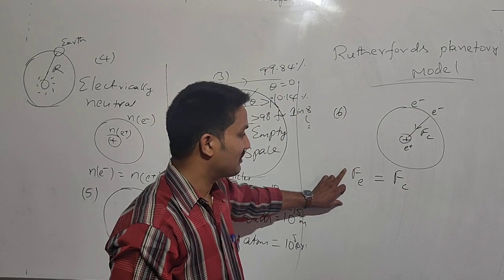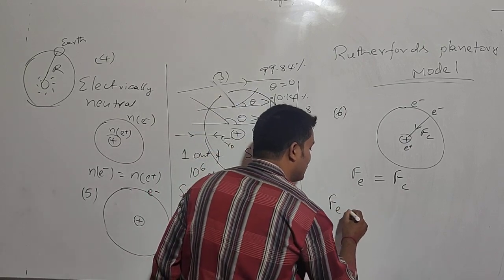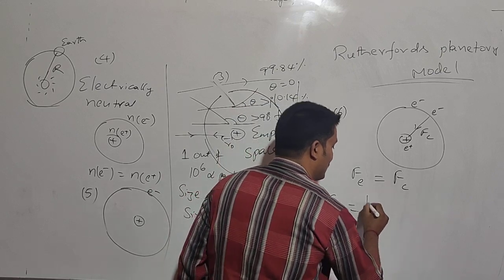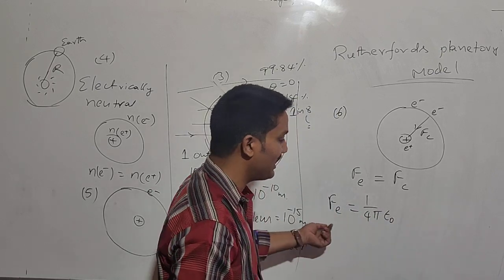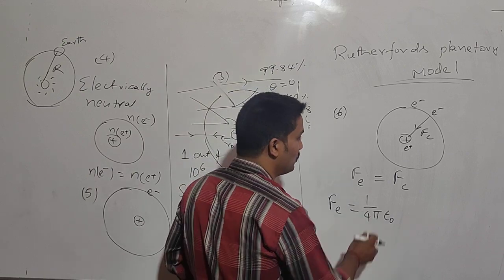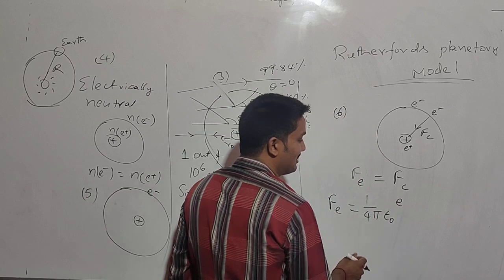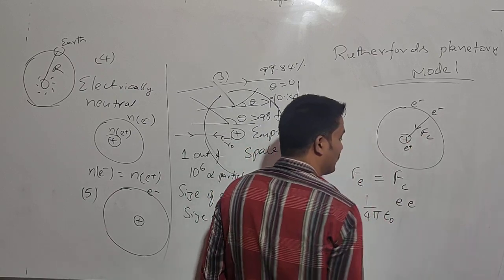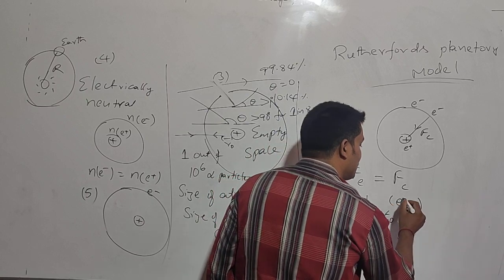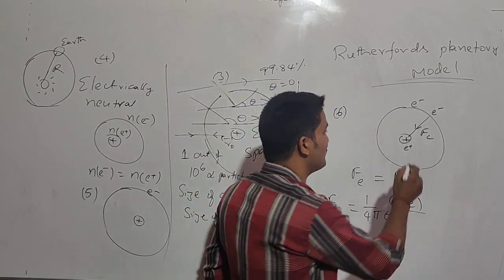Now we know that from Coulomb's law, how have we defined Fe? Fe is equal to 1 by 4 pi epsilon naught Q1 Q2 by d square. Q1 means the electron charge e and Q2 means the charge of the proton, divided by the distance between them.